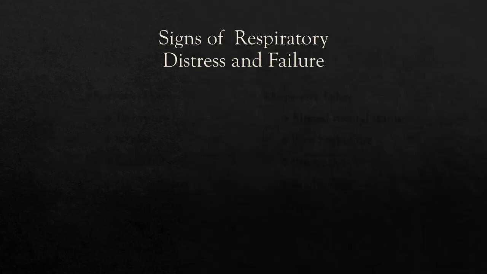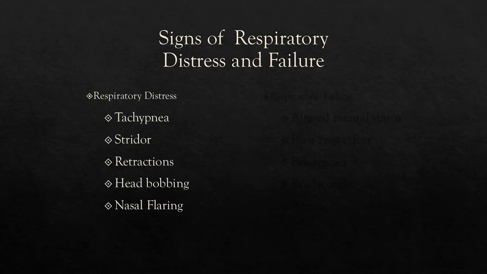Signs of respiratory distress: tachypnea, stridor, retractions, head bobbing, and nasal flaring. Respiratory failure is defined as either inadequate oxygenation or ventilation or both. Most children initially present with respiratory distress and hypoxia.